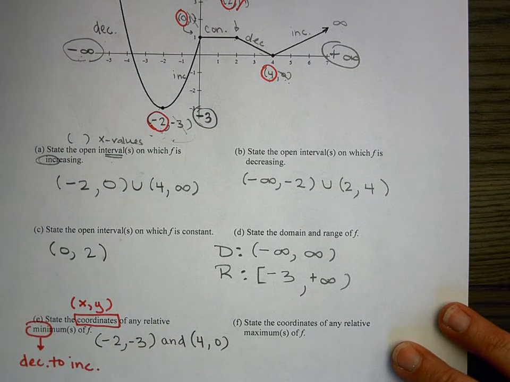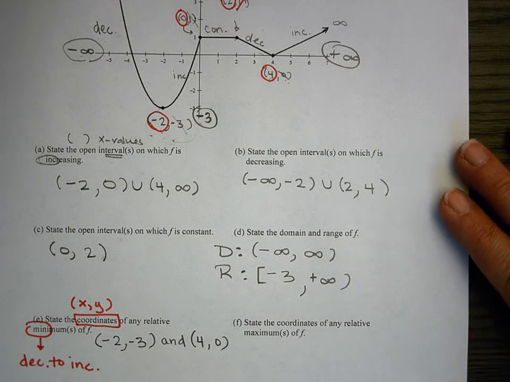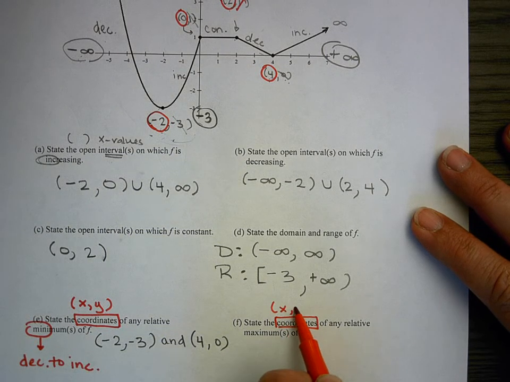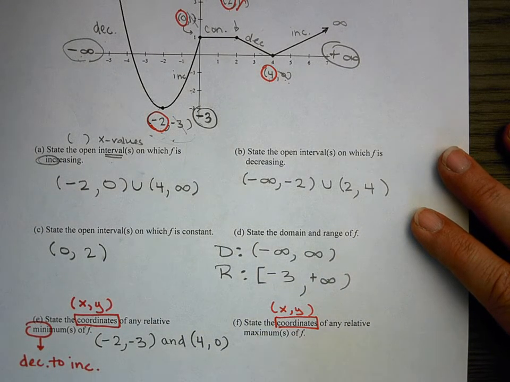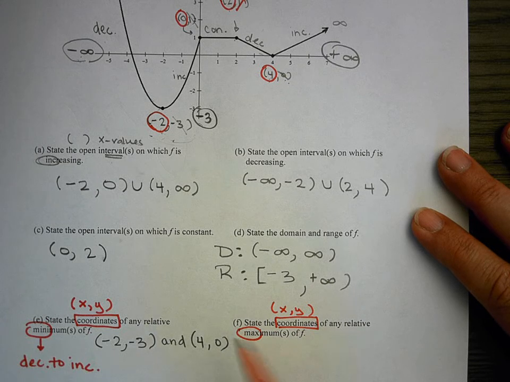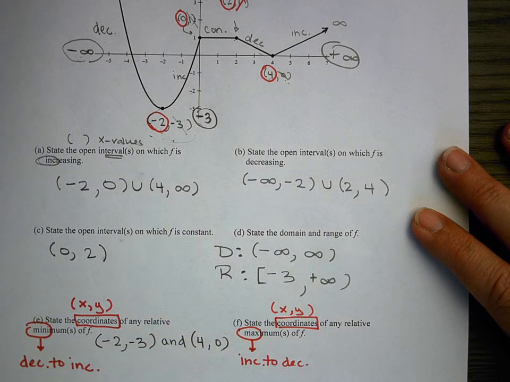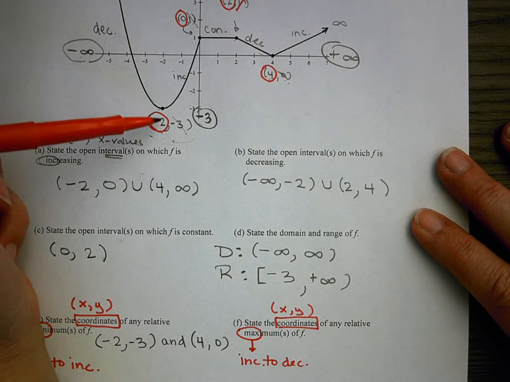Okay, so then the last one right here, this is the last part. We want the coordinates. So again, what does coordinates mean? Different than interval, that means we want an x and a y. And then we're looking for the relative maximum. Maximum, remember, is when we are switching from increasing to decreasing. So if I look at this graph here, I'm going decreasing and then increasing, right?